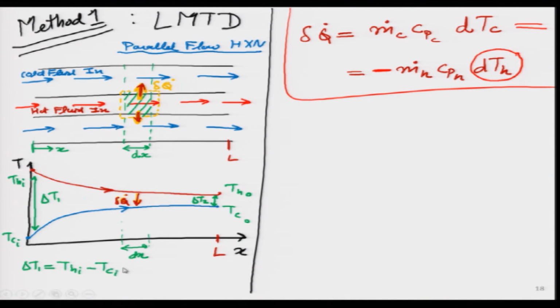I stands for inlet. And what is delta T2 from over here? It is T_H outlet minus T_C outlet. Why am I defining them? We will need them in just a little while. So, it is going to be very interesting.